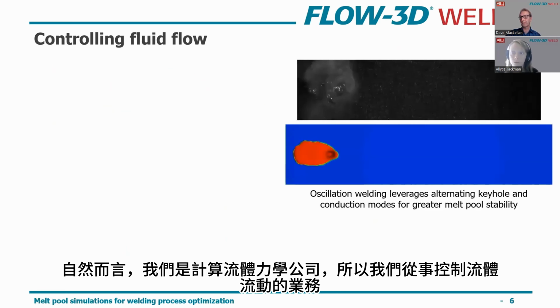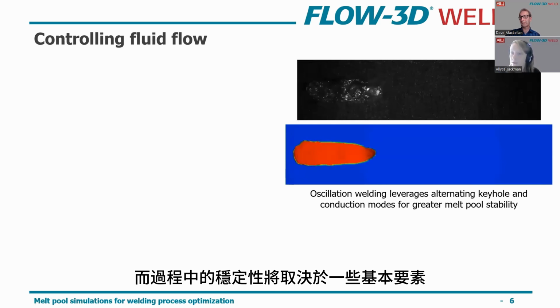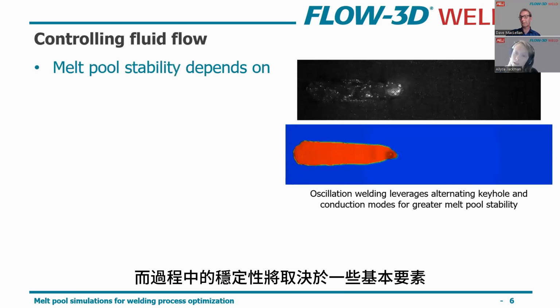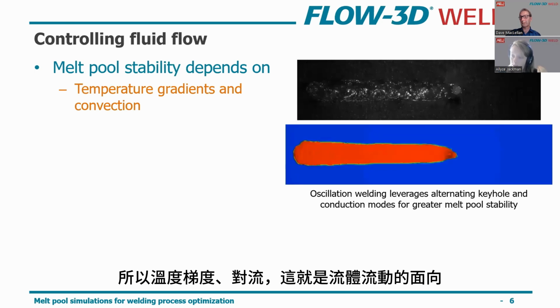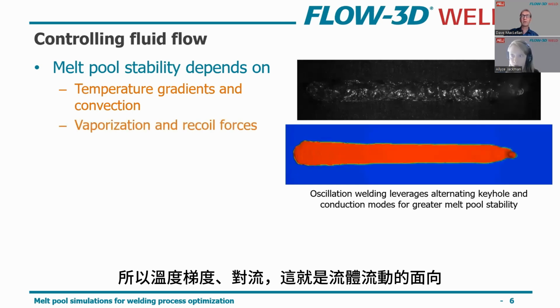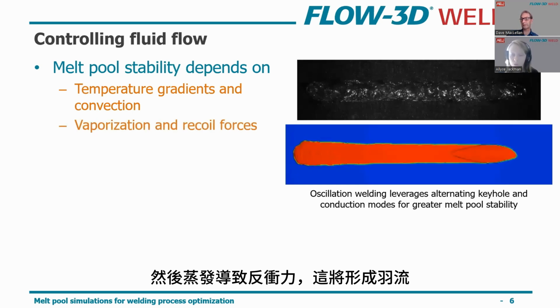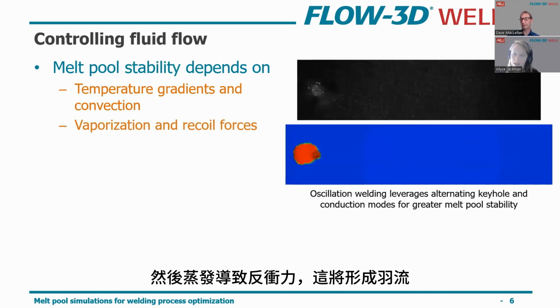So naturally, we are a computational fluid dynamics company, so we're in the business of controlling fluid flow. And the stability in the process is going to depend on some basic fundamental aspects. So the temperature gradients, the convection, so that's the fluid flow aspect, and then the vaporization, which leads to recoil forces, and that's going to be the plume side of things.